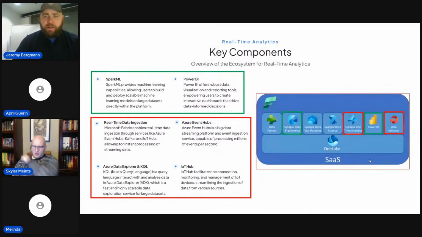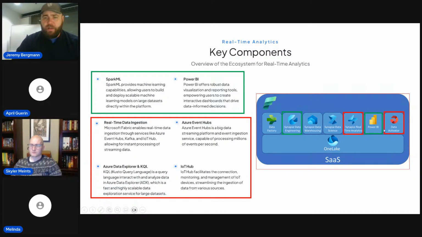Okay. So the key components of the ecosystem for real-time analytics. We're using that big picture graphic that we have throughout the class with the different modules and OneLake. So it still uses a little bit of Synapse engineering with Spark that provides the machine learning capabilities and being able to process large data sets, and then Power BI to visualize.